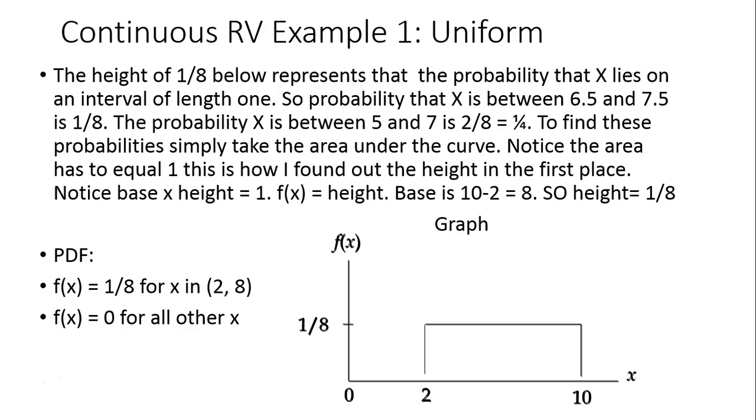So another one, getting a number between 5 and 6 is a 1/8 chance. That means getting a number between 5 and 7 is a 2/8 chance, or 1/4. This is the same as the probability of getting a number between 8 and 10, also a 2/8 or 1/4 chance.